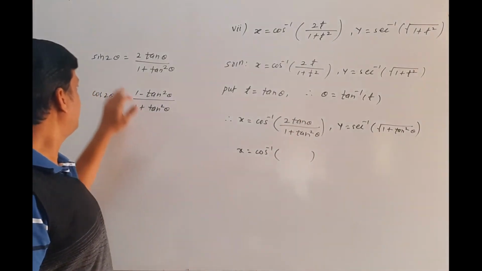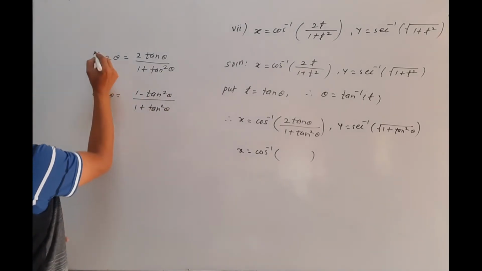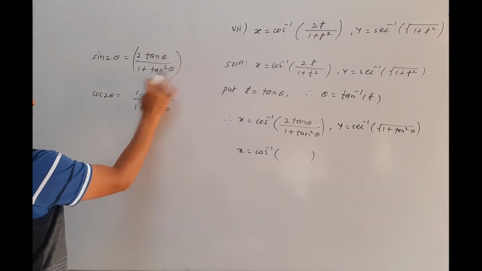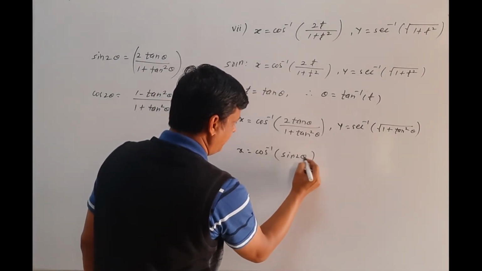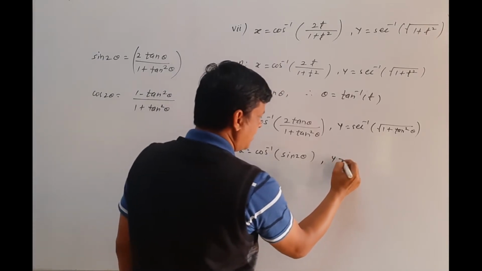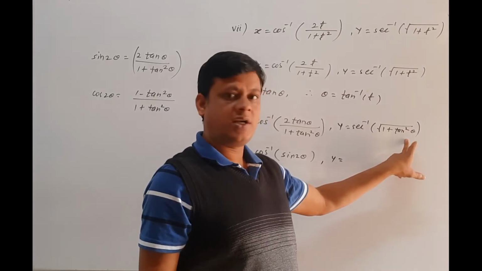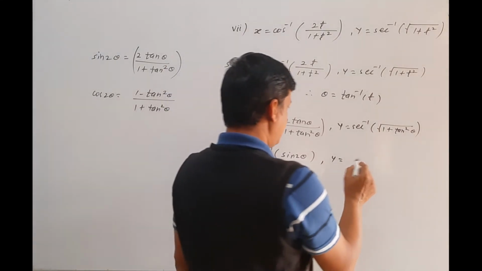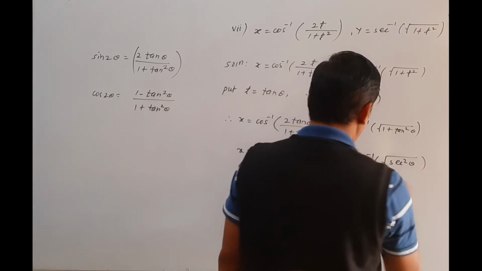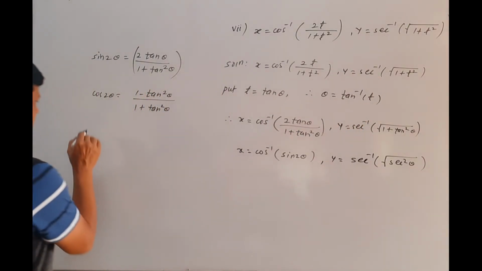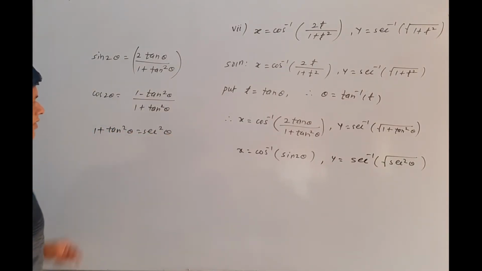By double angle formula, sin 2 theta equals 2 tan theta upon 1 plus tan square theta. So we replace this by sin 2 theta. For y, this is an identity: 1 plus tan square theta is sec square theta. So we write here sec inverse of root sec square theta. That means we use this identity.